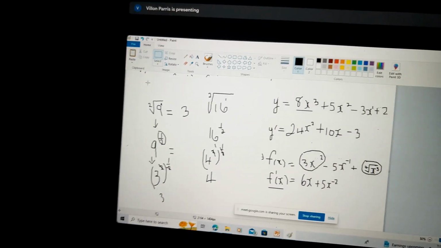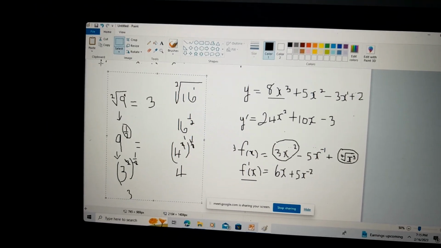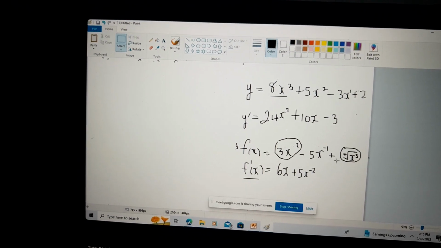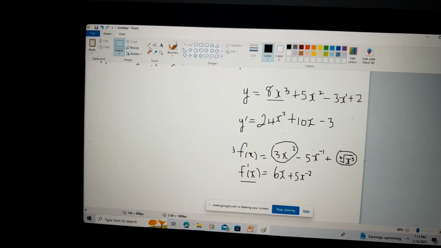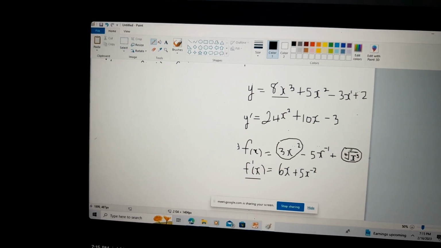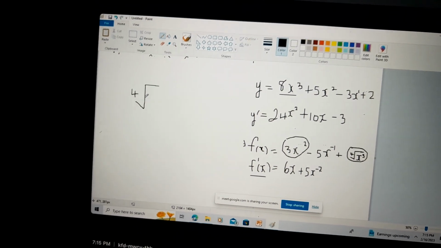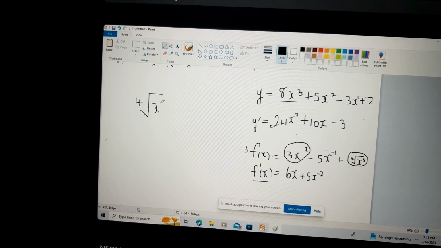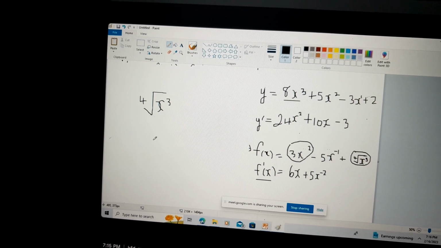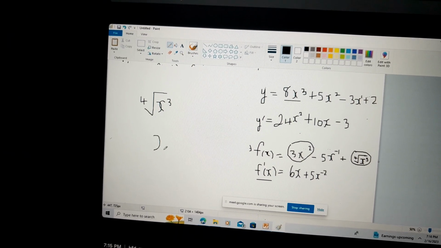All right. Now we could go to this here. It means that the fourth root of x cubed is the same as x to the what?